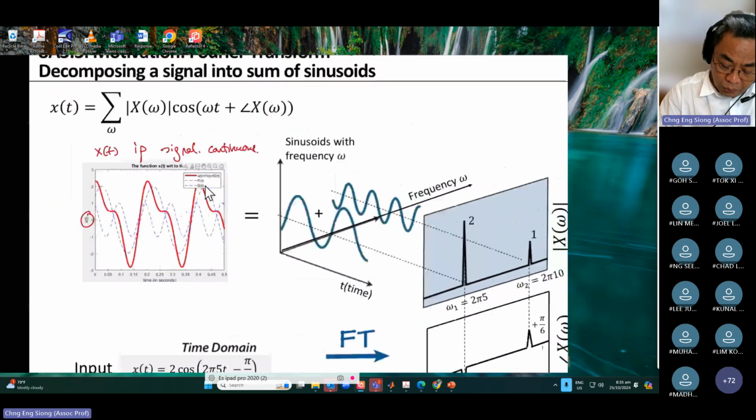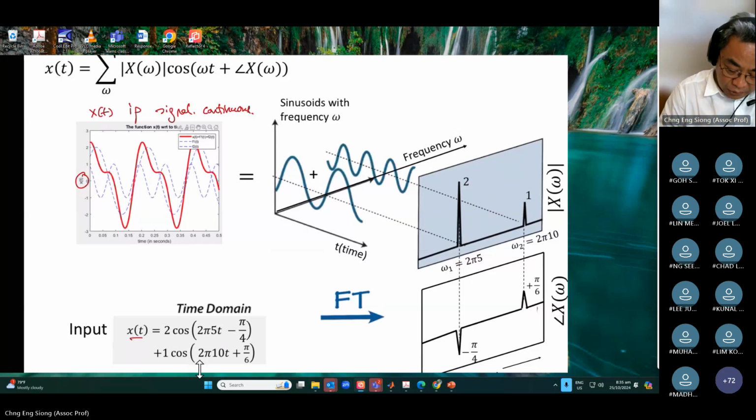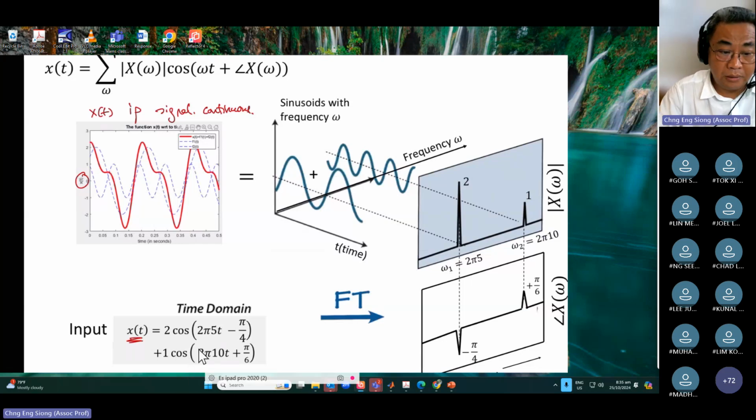And what do we really want to do? We want to find out how x of t was constructed. In this equation, we know that it's constructed by a cosine of amplitude 2 with a frequency of 2 pi 5. So omega equals 2 pi 5.